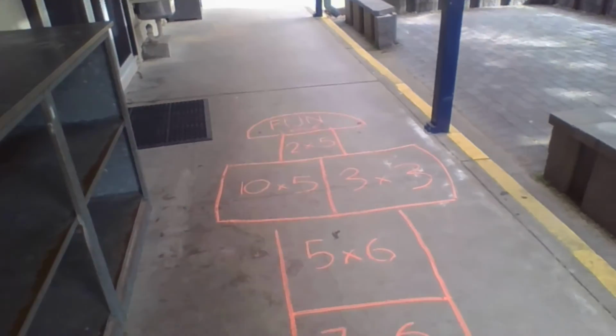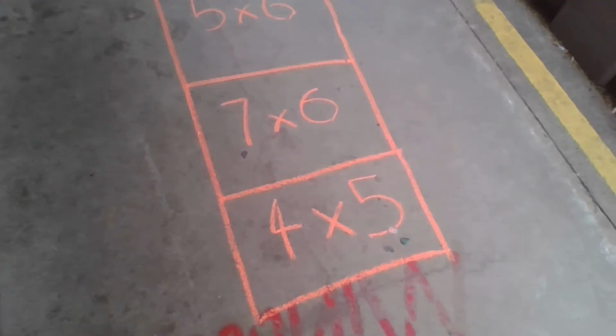Okey dokey. Now, we have another outdoor activity that you can also try if you happen to have some spare chalk at home. So this is a very easy one that you can differentiate. So we've got one that I've set up as a hopscotch board, and I've got some different multiplication facts on there that you can have a look at. You can simply use a rock or any sort of material.